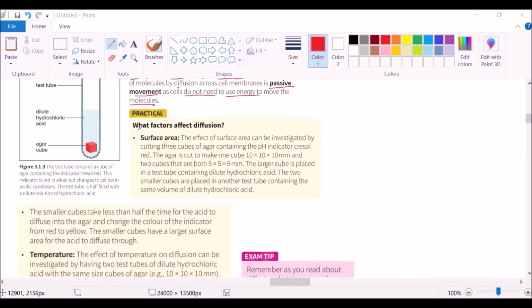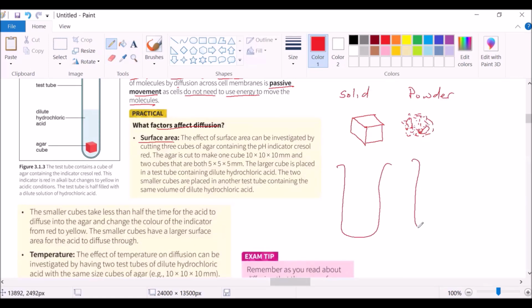Now we look at the factors affecting diffusion. The first one is surface area. So if we have two blocks of a soluble substance and we crush one into a powder and we place them in water of equal volume, the one which has been crushed to powder will diffuse quicker than the solid block.